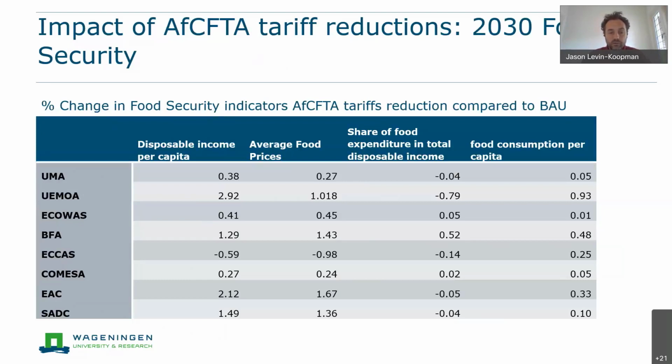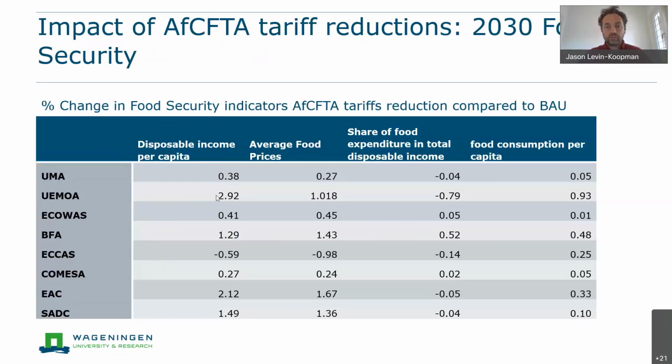In Burkina Faso, disposable income per capita rises due to these tariff reductions. Average food prices rise even more in percent change terms, and the share of food in total expenditure then also rises, even though of course food consumption rises.